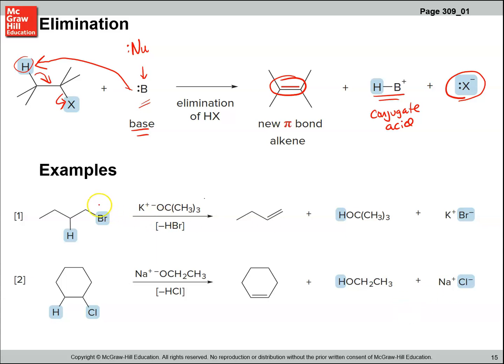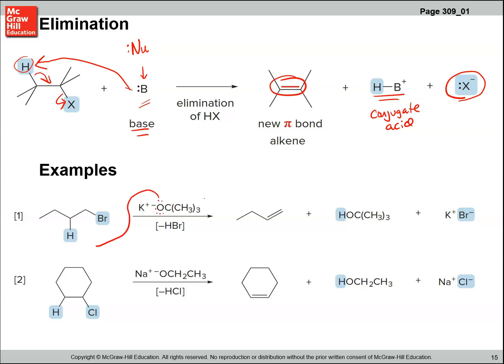Here are some more specific examples on the bottom where we have potassium. Remember, we've talked about this a few times, where we have a metal and a non-metal, typically an organic compound, so those will ionize. This becomes a strong base now because it's negatively charged. It is going to be able to attack that proton, since we have some electrons on here.